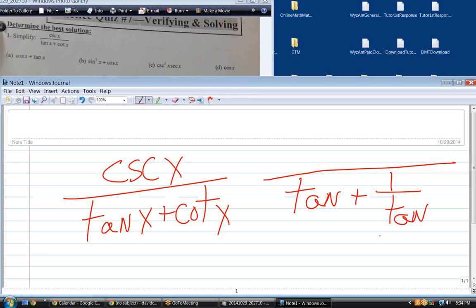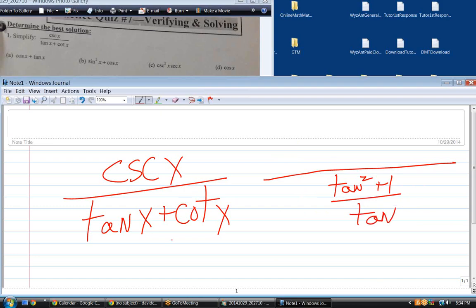Just tangent. And we end up with tangent squared plus 1 over tangent in the denominator. That's what tan x plus cotan x turns into. The only reason I want to do that is because I can replace the numerator with cosecant squared, which we happen to have in the numerator.